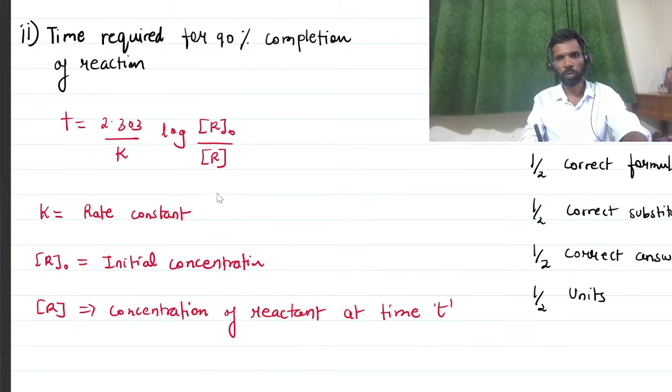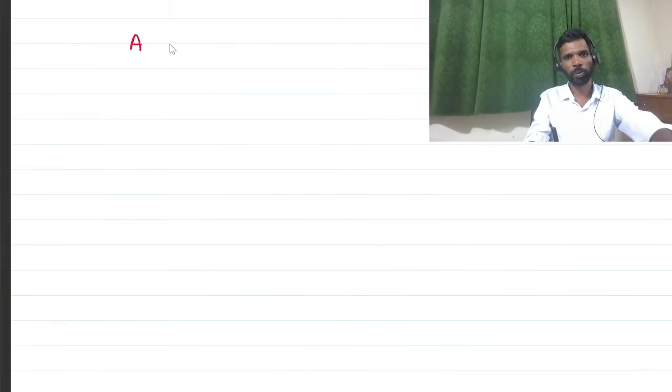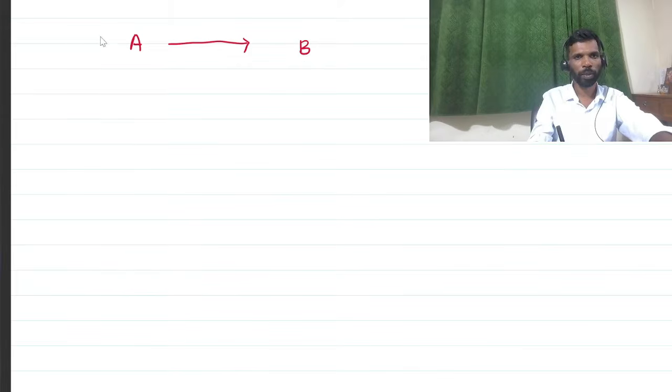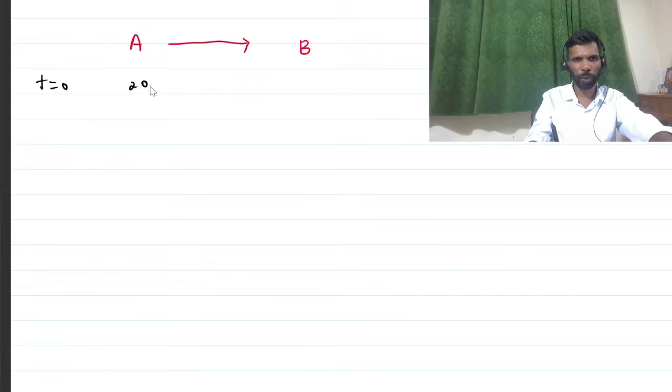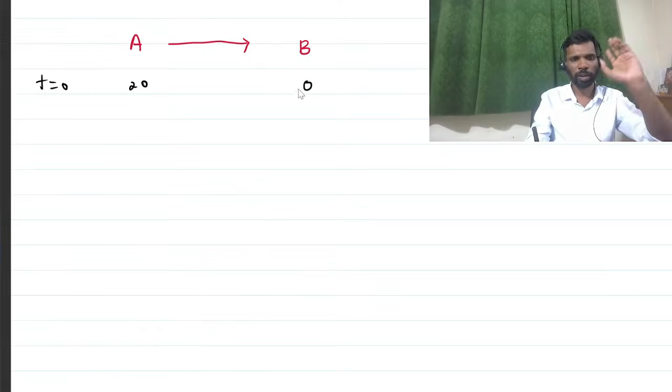Okay, so whenever any reaction takes place, I'll just take you to the next slide. Let's say there is a reaction where reactant A is getting converted to some product B. Say the initial concentration of the reactant at time t equal to 0 is 20, and obviously at time t equal to 0 there is no formation of B, so this will be 0. Just try to understand the thing.